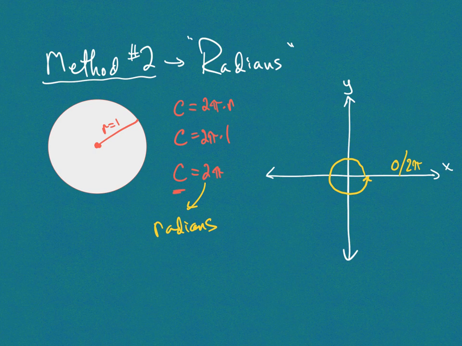So now, just as we did on the previous picture, hey guys, if 2 pi is all the way around, what would halfway around be? If all the way around is 2 pi, what's halfway around going to be? Well, halfway around would then be pi, right? If one complete rotation is 2 pi, half of that would be 1 pi.